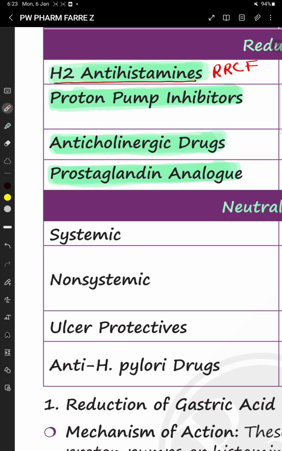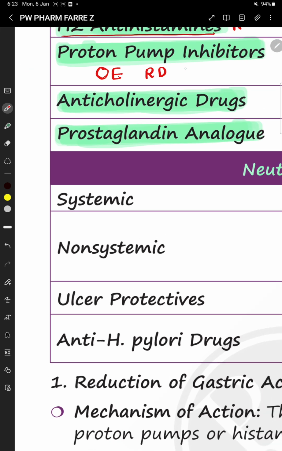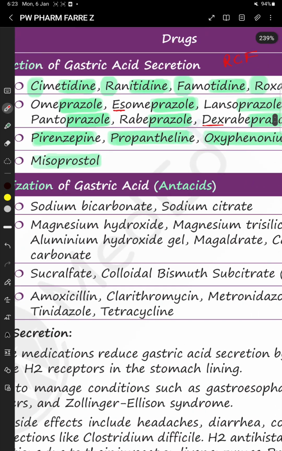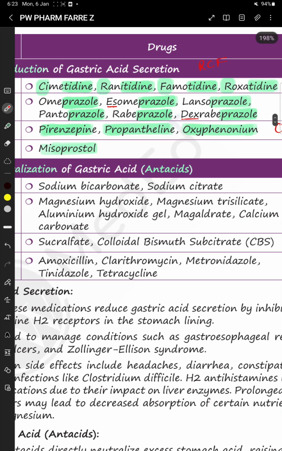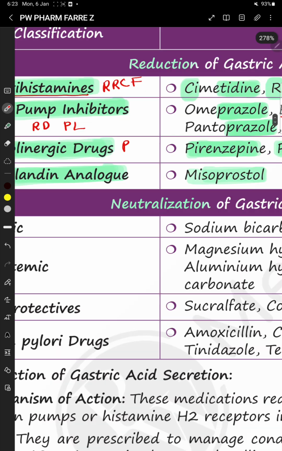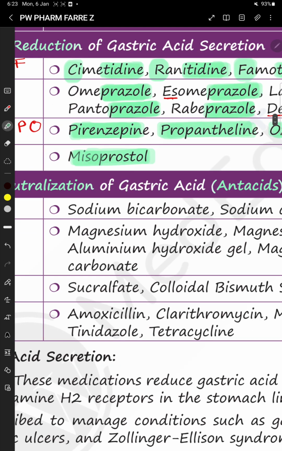Proton pump inhibitors end with prazole: omeprazole, esomeprazole, lansoprazole, pantoprazole, rabeprazole, and dexrabeprazole. In anticholinergic drugs, we have pirenzepine, propantheline, and oxyphenonium. The prostaglandin analog example is misoprostol.